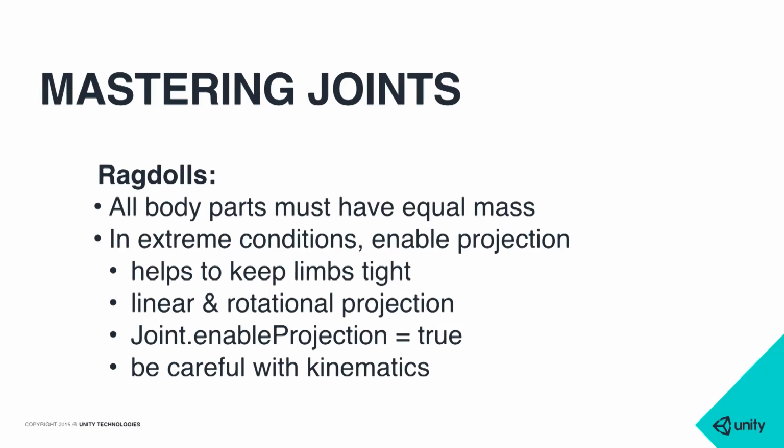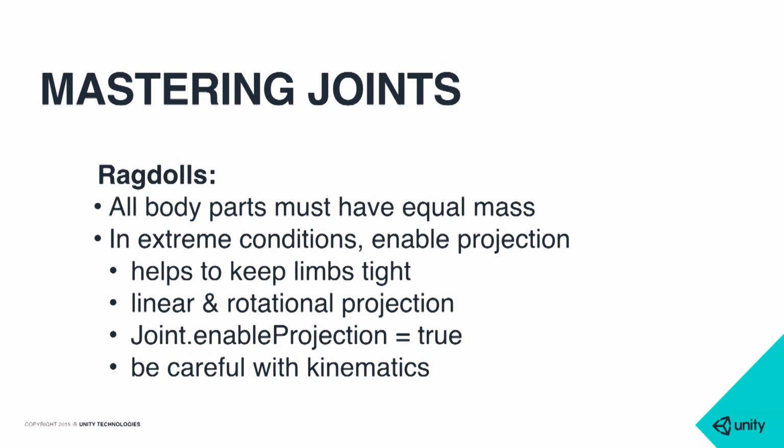With ragdolls, one important consideration is that you need to have all of your body parts with the same mass. It's pretty intuitive to have the masses different, but if you look at how physics keeps the joints together, it figures out the force and then applies this force to both constrained bodies.